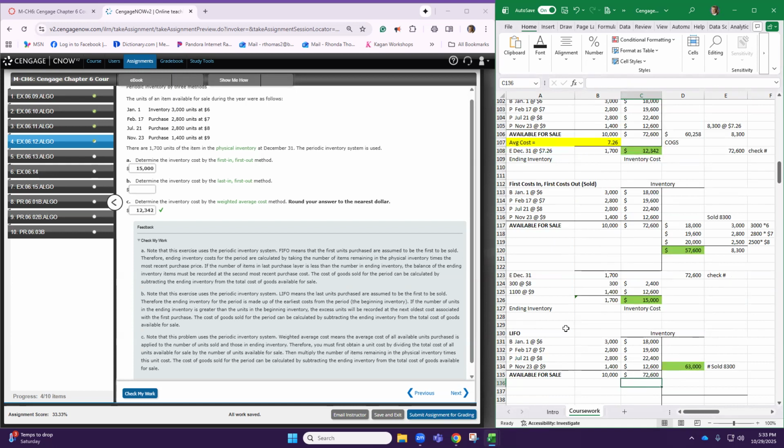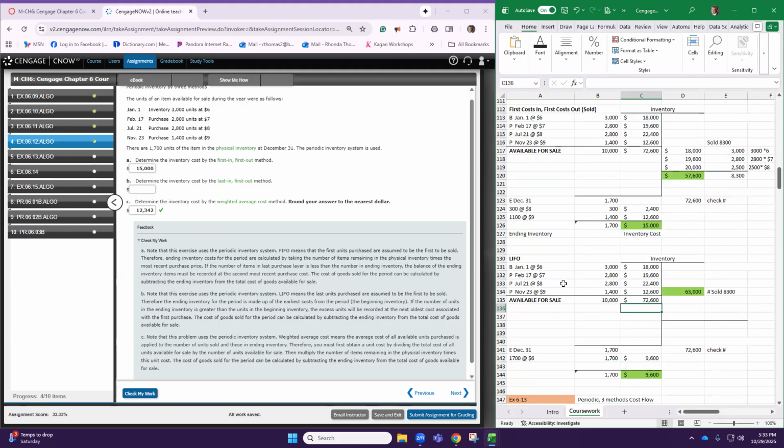Okay, so let's go ahead and do LIFO now. Same information as before up there, still selling 8,300. Here's 1,700. Well, when they sold 8,300, 1,400 went out the door, 2,800 went out the door, and then however many it took of the $7 cost.